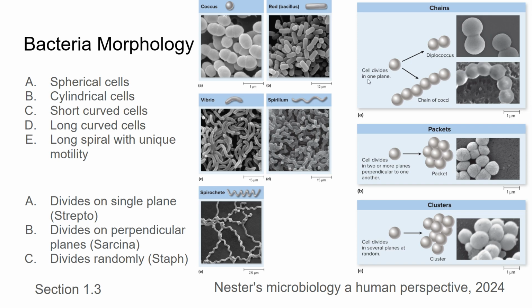So that means that you just have two of those spheres. Or we can get a chain of cocci. Okay, we can also get packets. So this is when we have two or more planes of perpendicular division. So it'll make these little cube shapes, possibly. And then we can also get clusters where it divides randomly in different planes. So this would be like Staphylococcus. And up here would be Streptococcus.